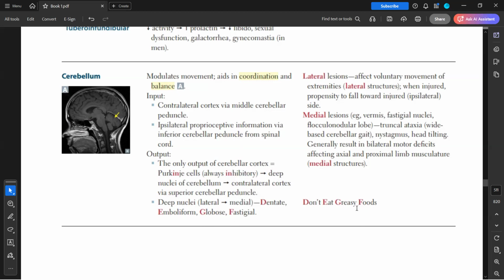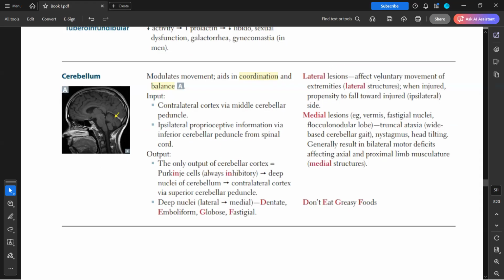Don't eat greasy food, that's how you remember. Just be familiar with all these structures and their physiology to help better understand all the diseases that exist.